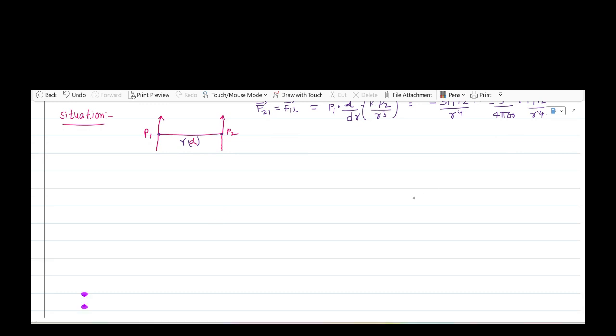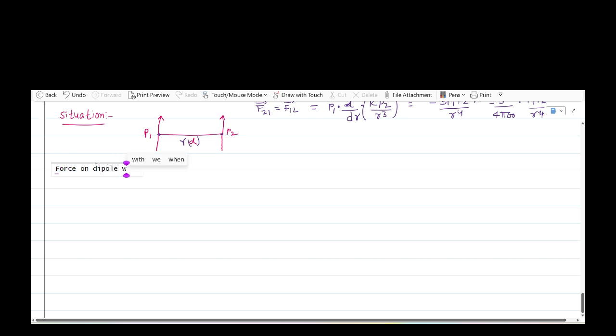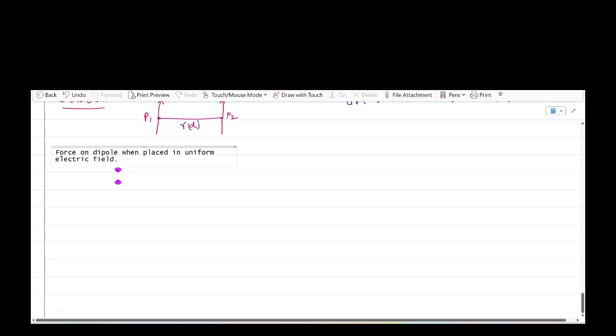I hope you got this. Suppose another model. See now the force on a dipole when placed in a uniform electric field.